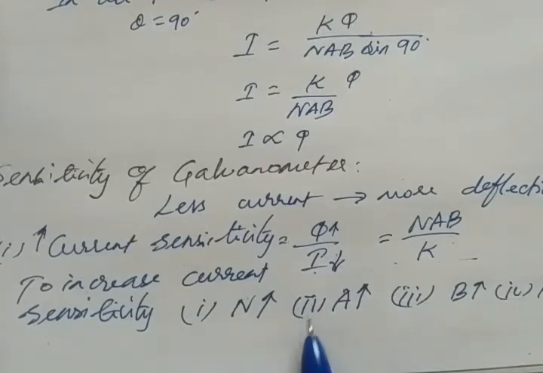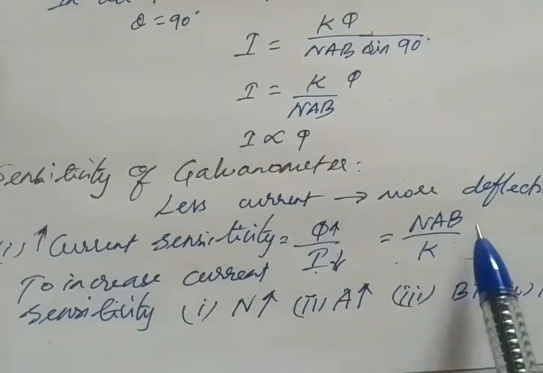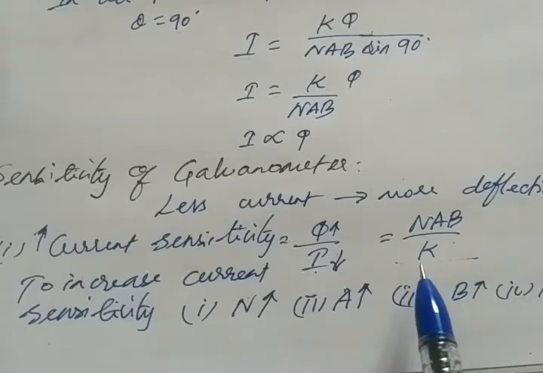Very important: they will ask in 1 mark and 2 mark, how to increase the current sensitivity of a galvanometer. We have to increase the number of turns, area of the coil, magnetic field, and we have to reduce the K, the torsional constant value. To reduce the torsional constant depends upon the material which we use.